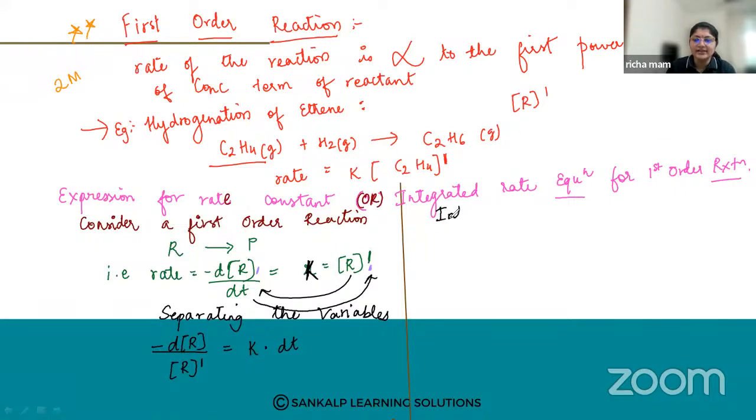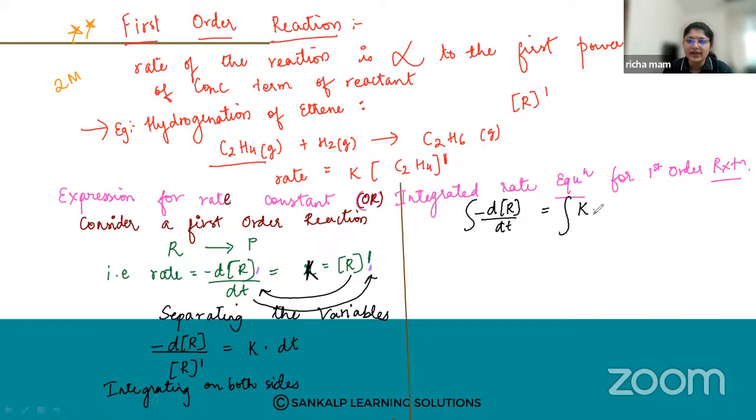We are integrating the equation. Integrating on both sides, we get the integration of minus d[R] by [R] is equal to the integration of k into dt. What will be the expression?